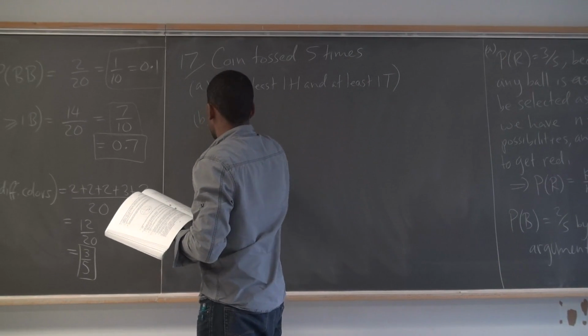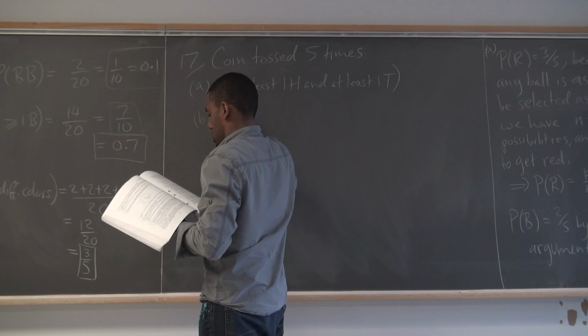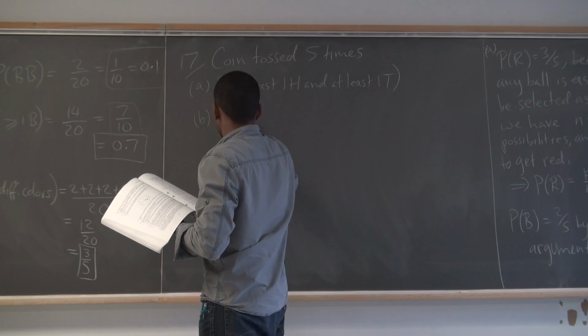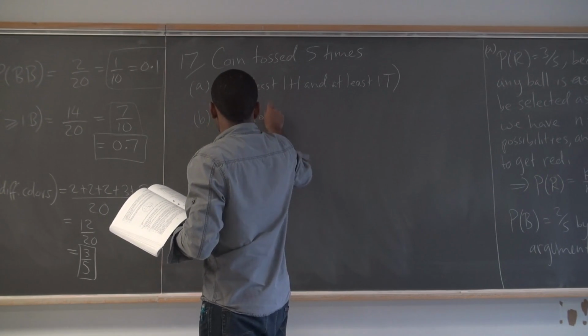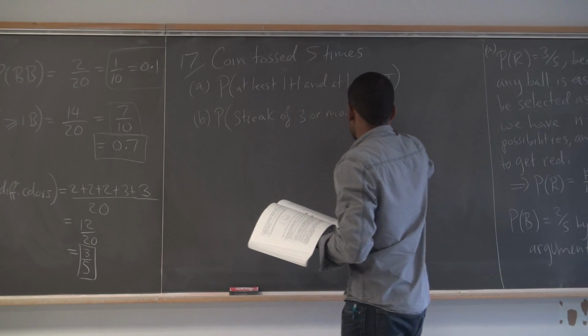B, probability of a streak of 3 or more consecutive heads.